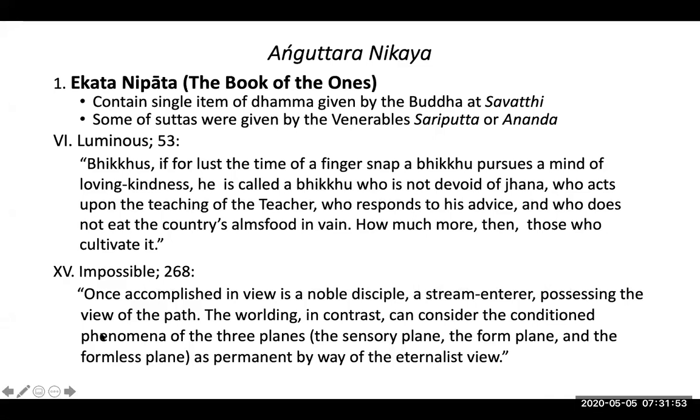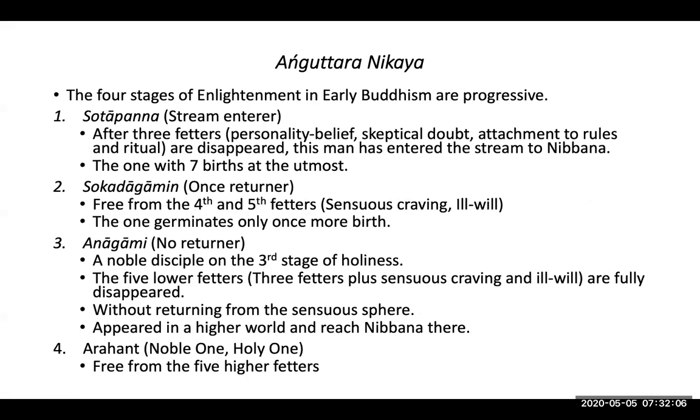Now, you have to pay attention to the word stream enterer. Stream enterer. Okay, so I think I introduced this word in the past, and then let's look at the Sotapanna.